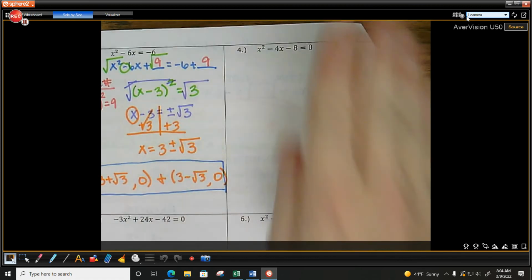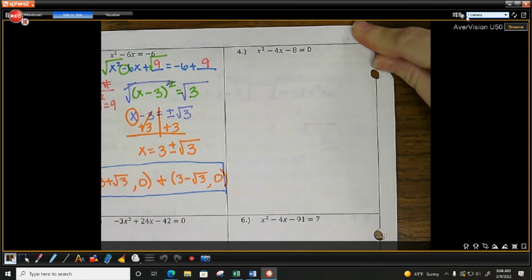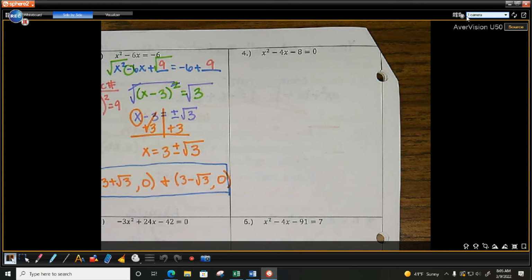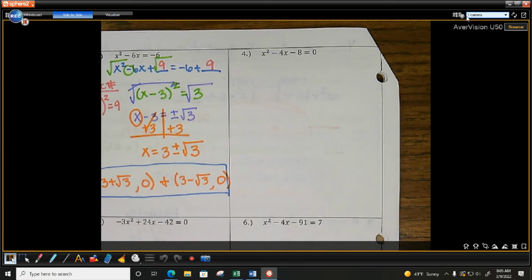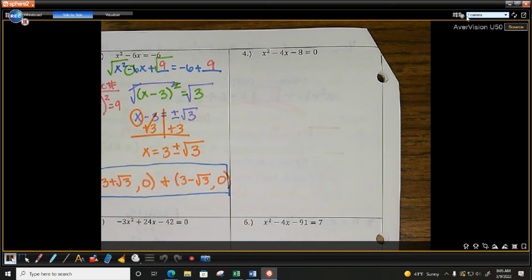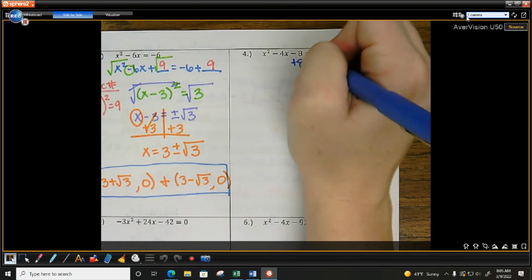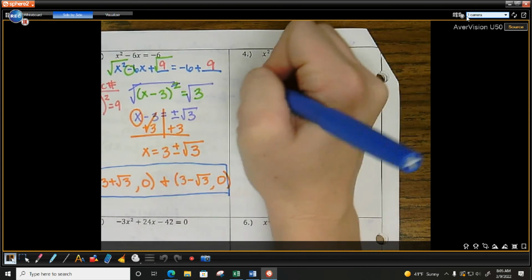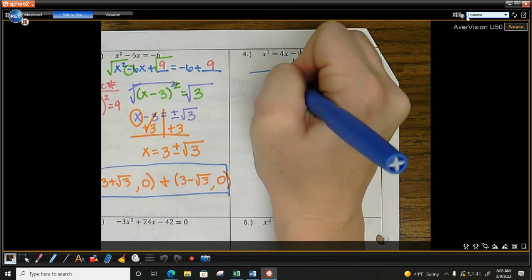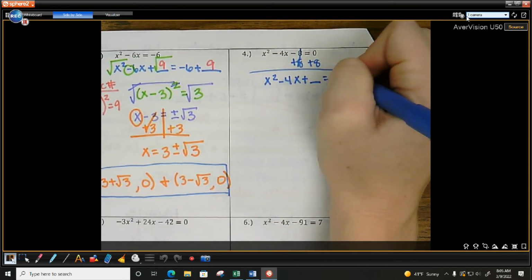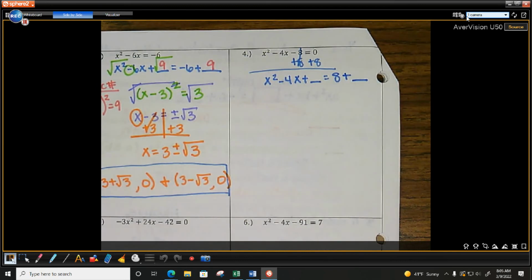Okay, next one. What should I do first? Add 8 on both sides. And I get x squared minus 4x plus blank equals 8 plus blank. Then we need to find our magic number.